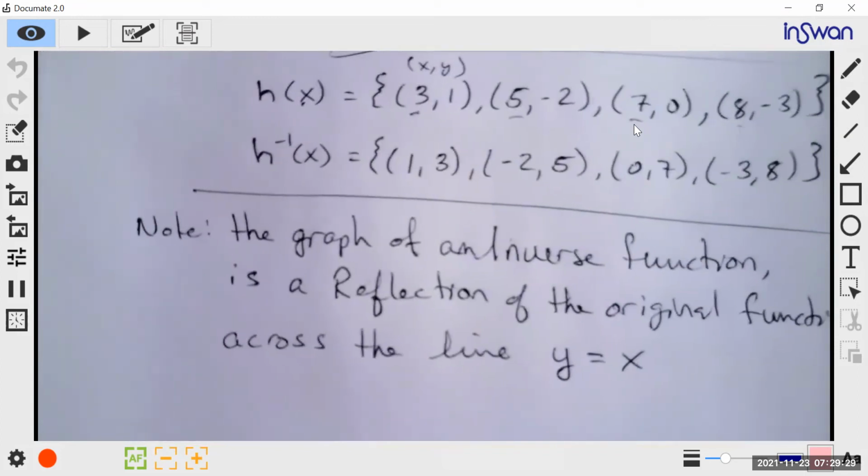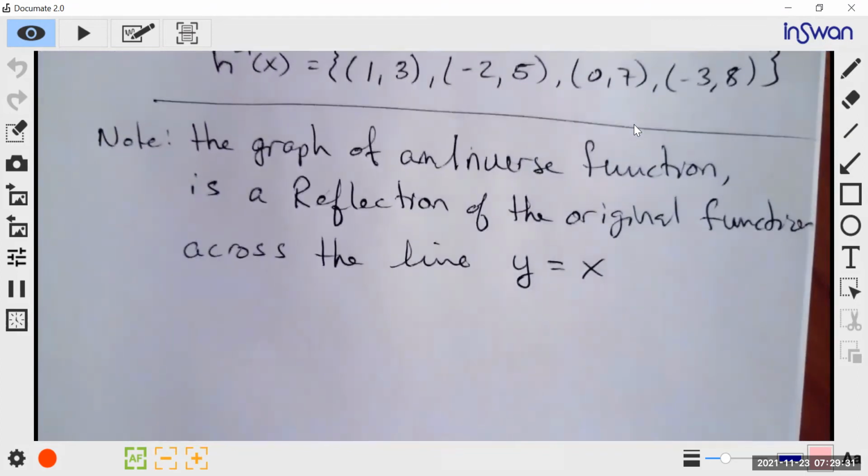The line y equals x is the diagonal line through the origin.